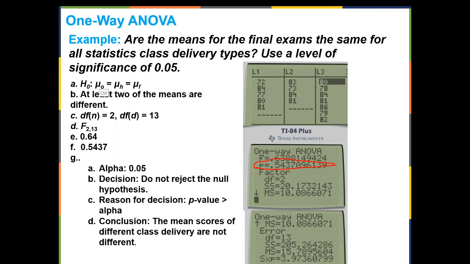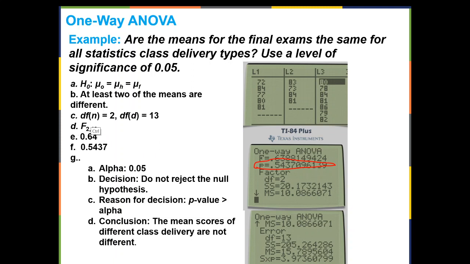And so this is A, B, C, D, E, F, all the answers to these you can easily find from the calculator. So what's the null hypothesis, right? What's the alternative hypothesis? C part. What's the degrees of freedom, right, of the numerator and denominator? Again, they're given right here. Numerator is the factor, denominator is the error. Degrees of freedom are right here.